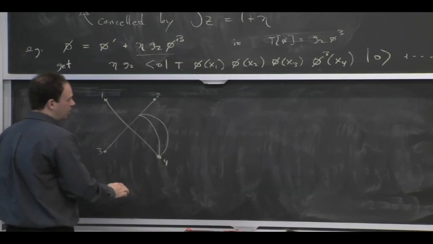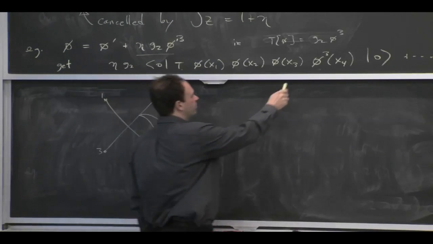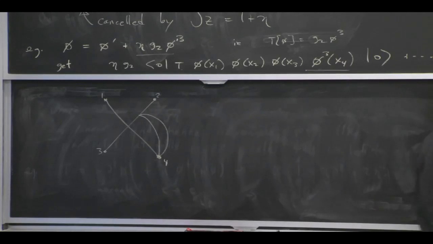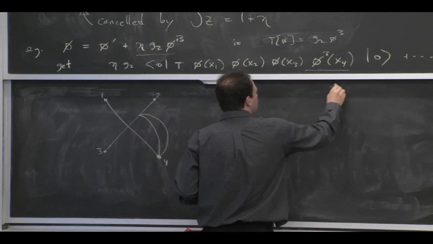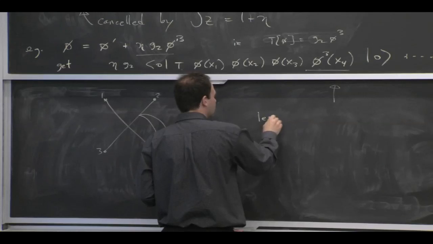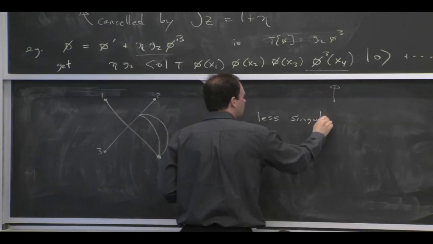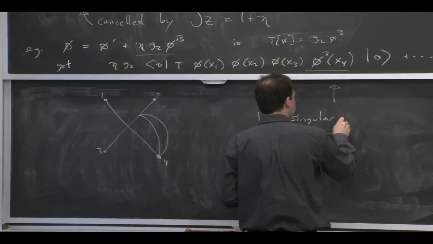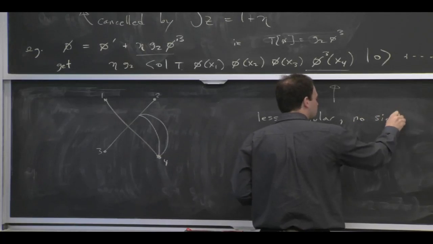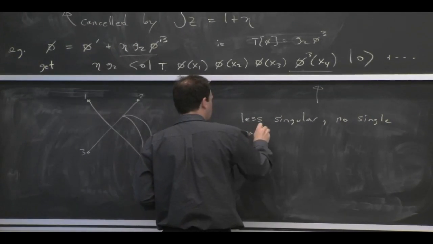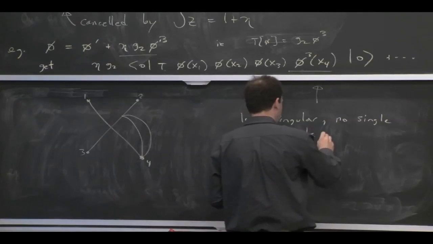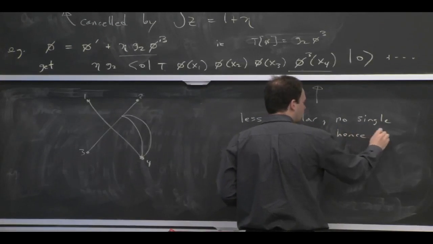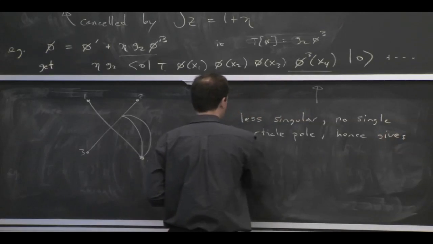And when you look at asymptotically what's going to happen from having a phi cubed, you do not get a single particle pole from a phi cubed. So this guy's less singular, has no single particle pole, and hence gives no contribution to scattering.